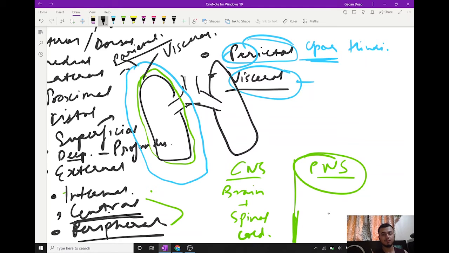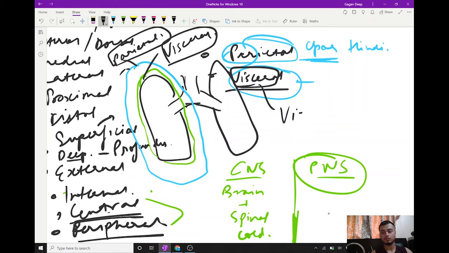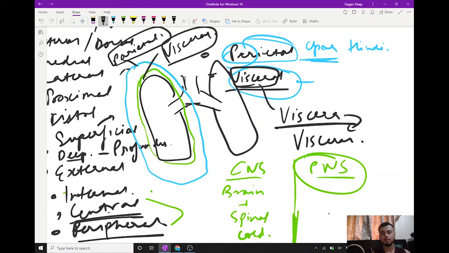It forms the internal cavity wall, and the visceral forms the wall of any organ. Viscera is the term we also use to refer to internal organs. So when it is viscera, the wall covering it will be visceral. Simple now.